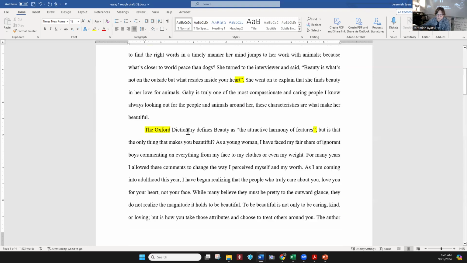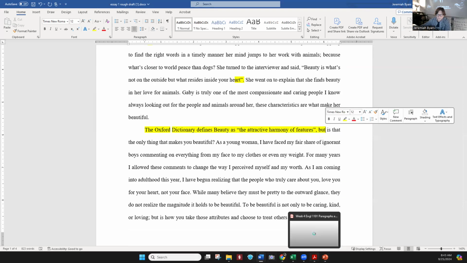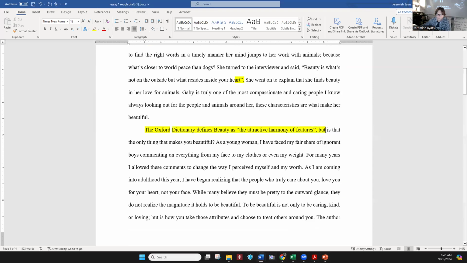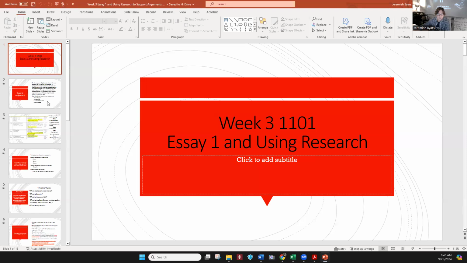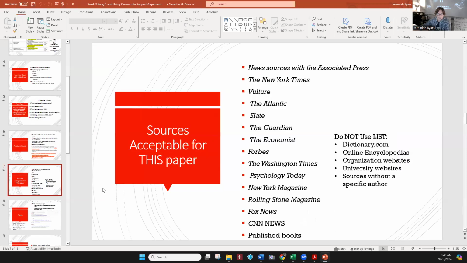"The Oxford Dictionary defines beauty as," all right, this is an error because when I went over research in week 3, I said do not use dictionary.com, online encyclopedias.